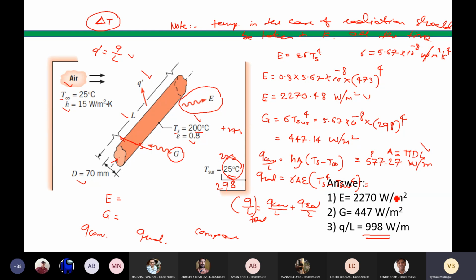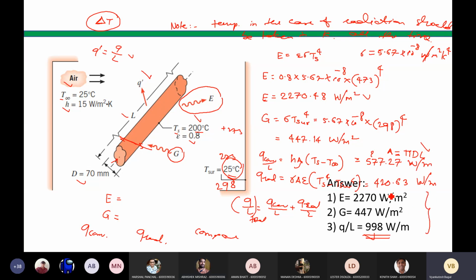Do it fast, it's very simple. 420.63. So is the sum of these two coming out to about 998 now, or close to this? Yes, sir.